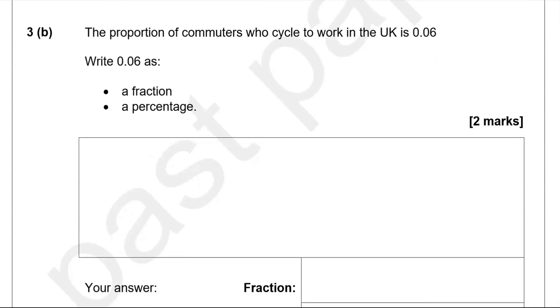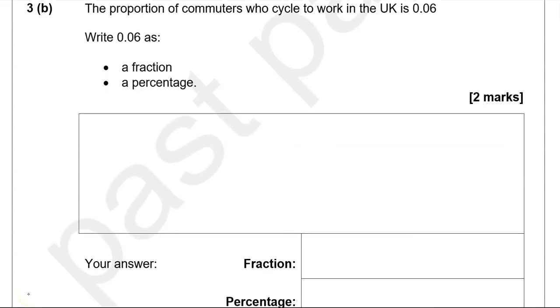The proportion of commuters who cycle to work in the UK is 0.06. Write 0.06 as a fraction, a percentage. As a percentage, that is quite straightforward. So 0.06 is, if you had a pound sign in front, that would be 6 pence, and that's how many percent that is, so 6%.